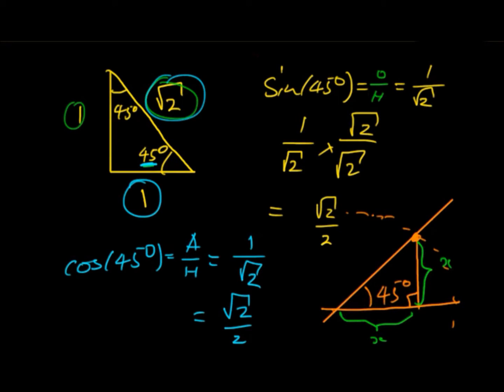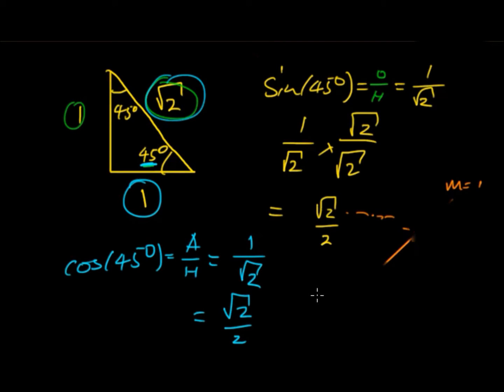That's because 45 degrees is when the gradient is equal to 1. So every time it goes across 1, it goes up the same amount. No matter how far across you go, you'll go up the same distance. So that's why sine 45 degrees is equal to cos 45 degrees.